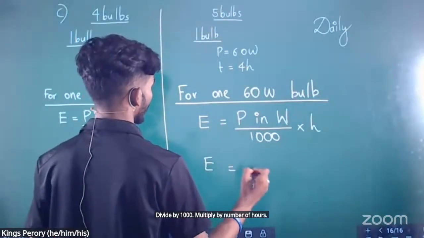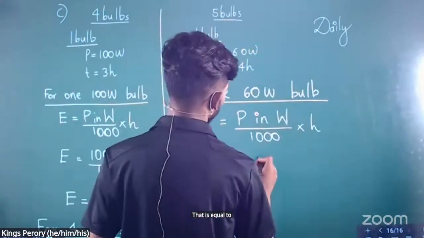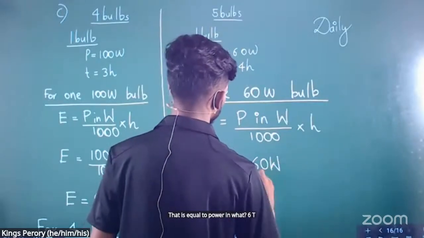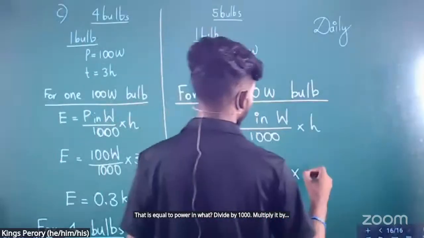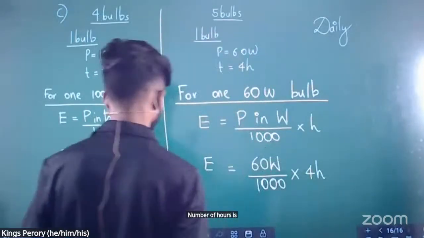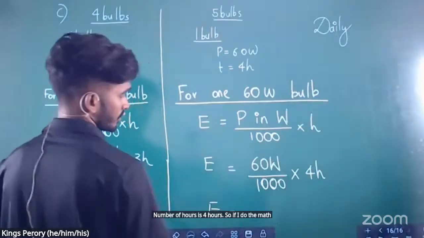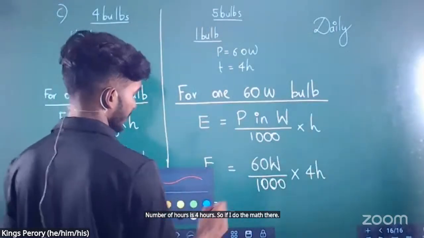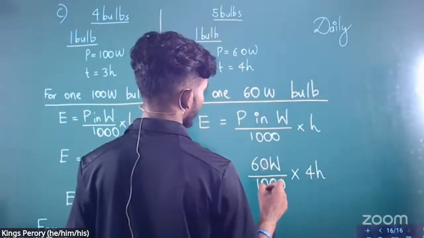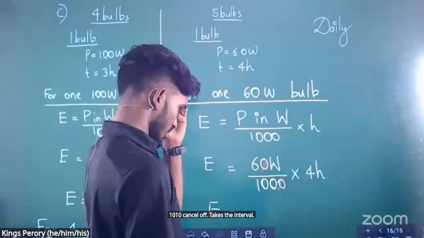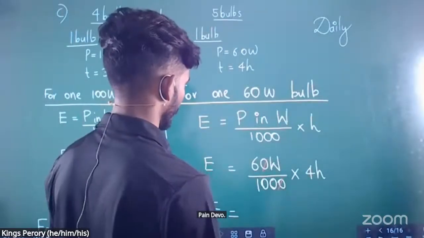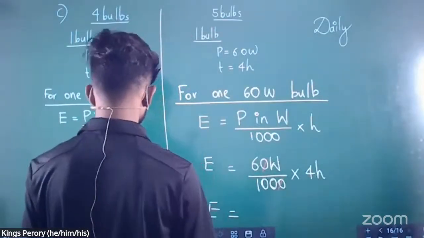That is 60 watt divided by 1000 multiplied by number of hours, which is 4 hours. If I do the math, the zeros cancel off. 6 into 4, 24.